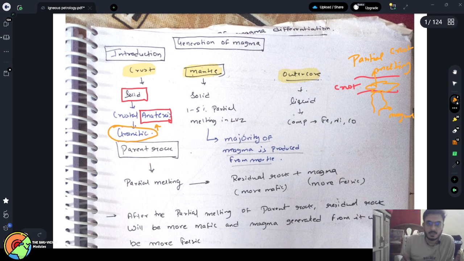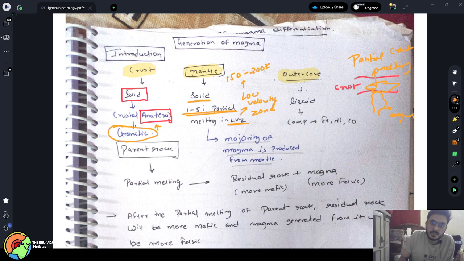Now, another is through the mantle, which is solid in nature. Here also magma is generated by 1 to 5% partial melting in the low velocity zone. This low velocity zone is present at around 150 to 200 kilometers, and it is a part of the upper mantle.